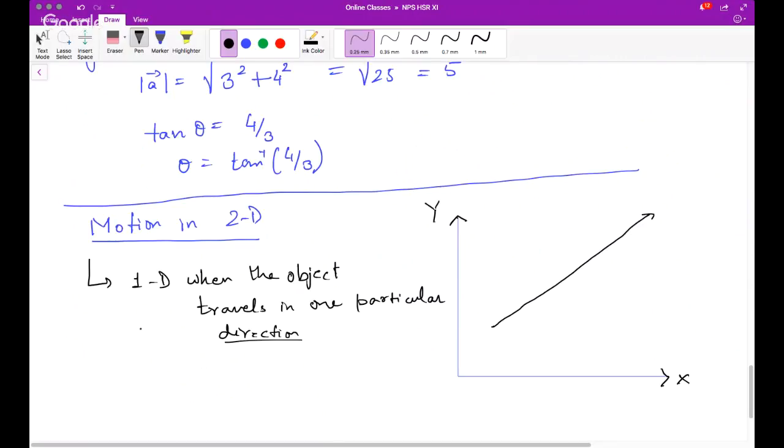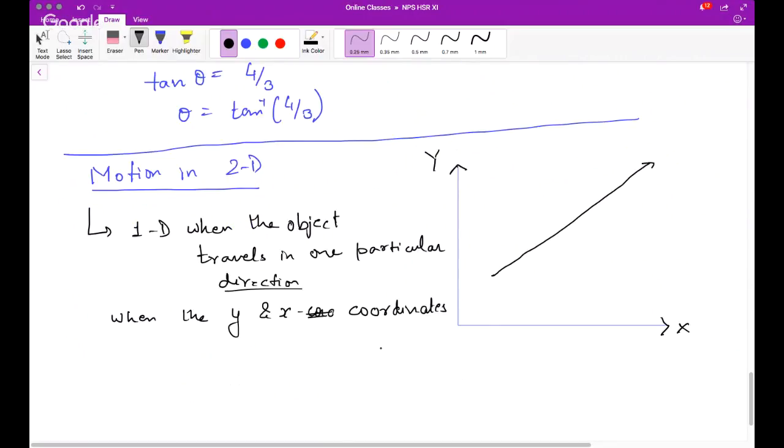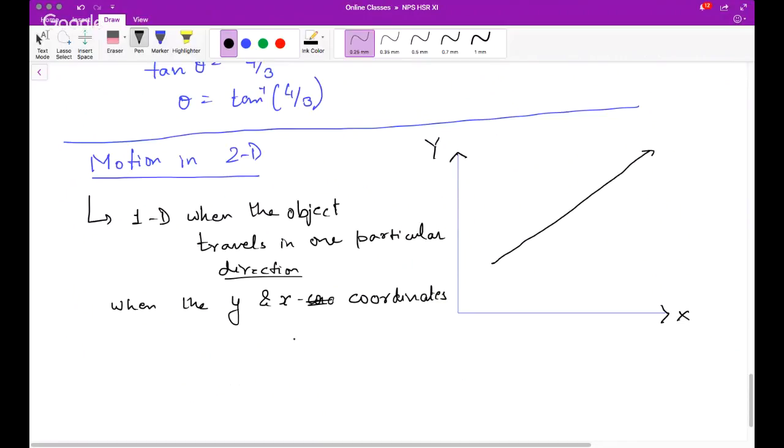Or in other words, you can say that when the y and x coordinates, or position coordinates, or basically I'm referring to the position, right?